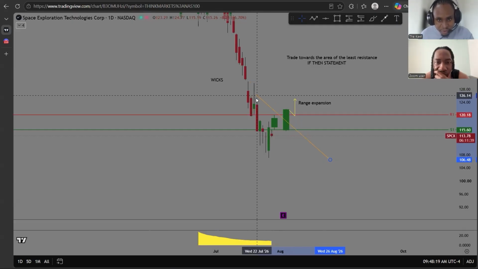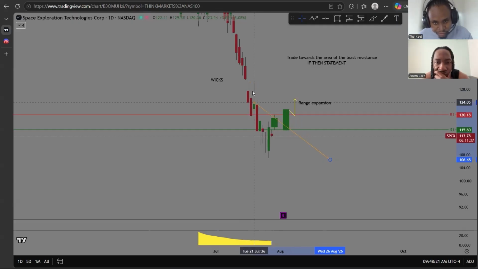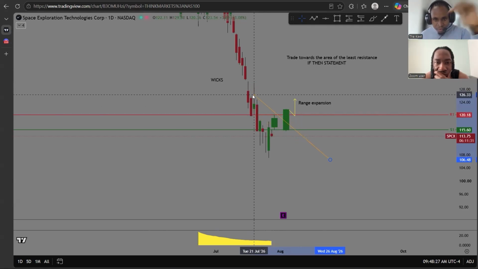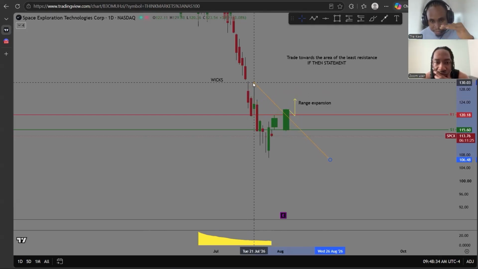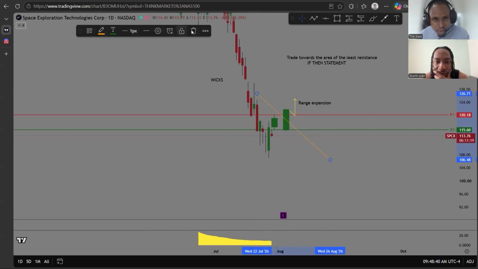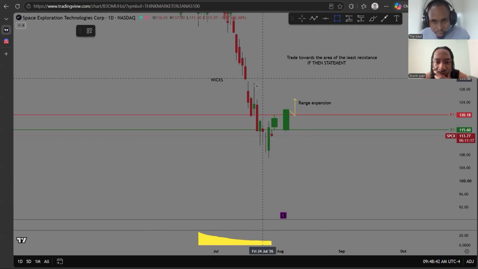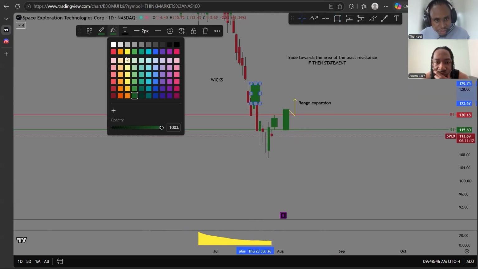The body of the candle does not print price, but the top and the bottom leave specific price stamps where price has traveled. Do you understand what I mean? The whole body does not say where price has gone to.